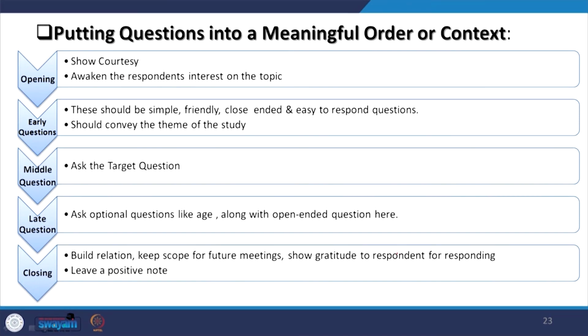So, at the end there must be closing related questions, try to build relation, keep scope of future meetings, show some gratitude to the respondents for responding, in future or even at that time, because he has already spent time, and leave a positive note with the respondent.